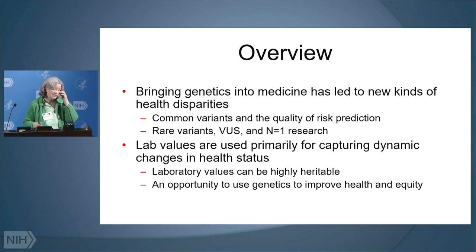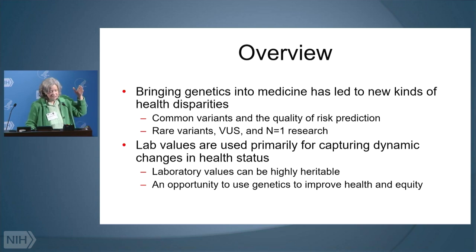And we all know that. There are important new health disparities in both the common variant space with things like polygenic risk scores for risk prediction, but also in the rare variant space with how much harder it can be to interpret the genomes for anyone whose genetic ancestries are really outside Europe.